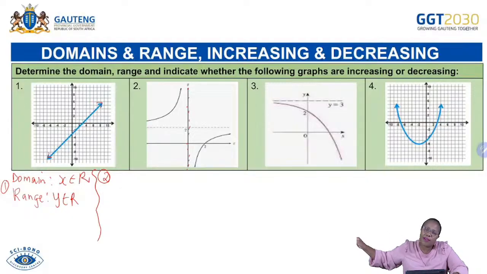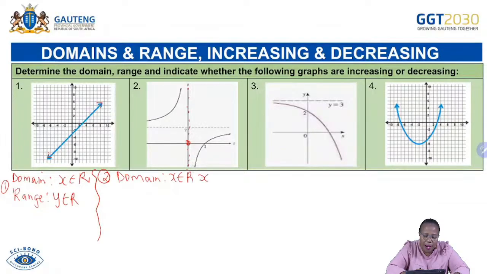And then it can take everything to positive infinity and to negative infinity, except only one value, which is 0 there. So that means the domain is x an element of real numbers, but now only one value is excluded. x must not be equal to 0. You are excluding your asymptote, okay?